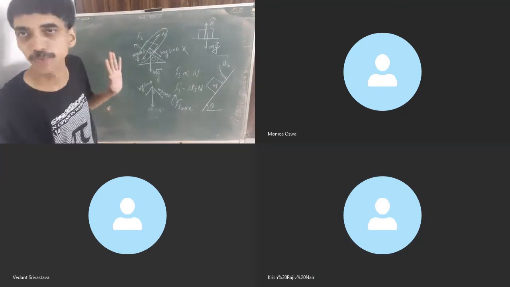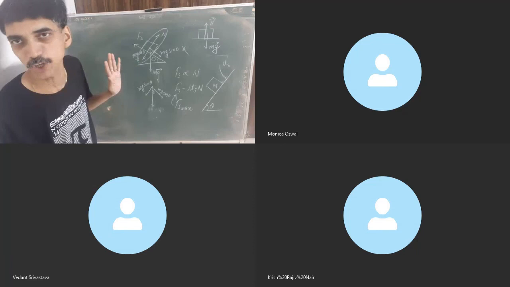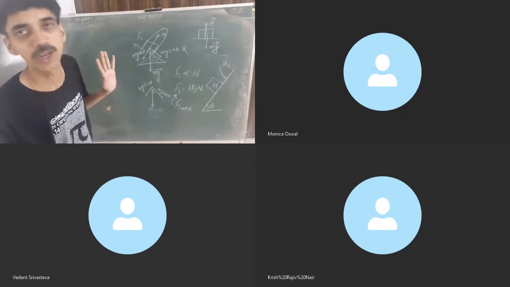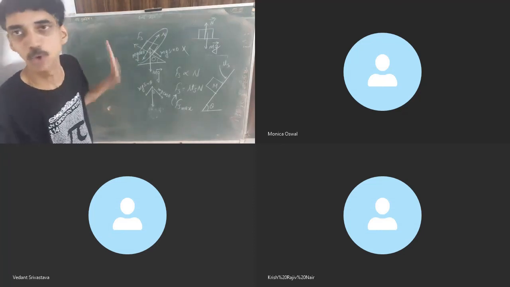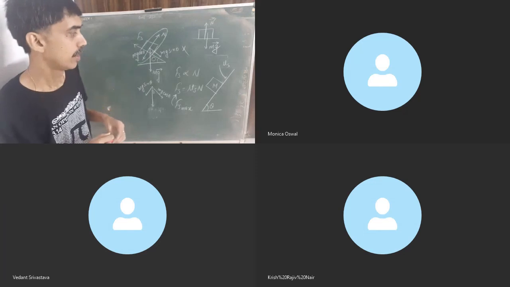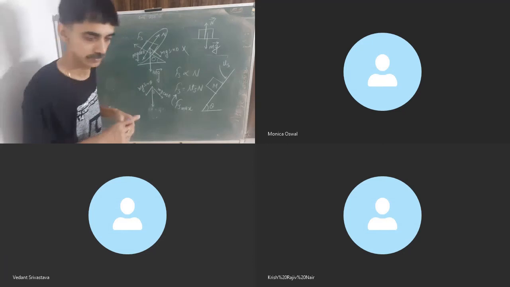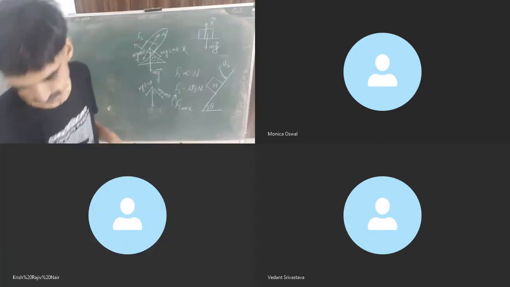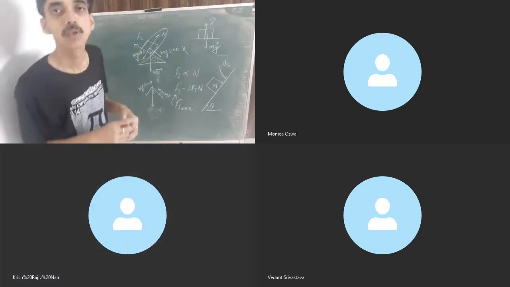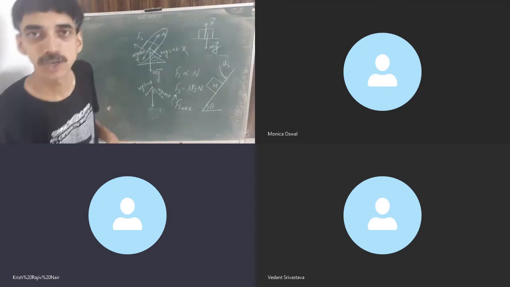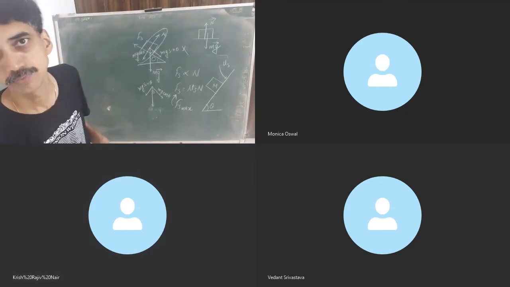Block is not moving. Coefficient of friction is μs, static friction. And block is not moving on the wedge, no relative motion. Find the force of friction acting on the block.